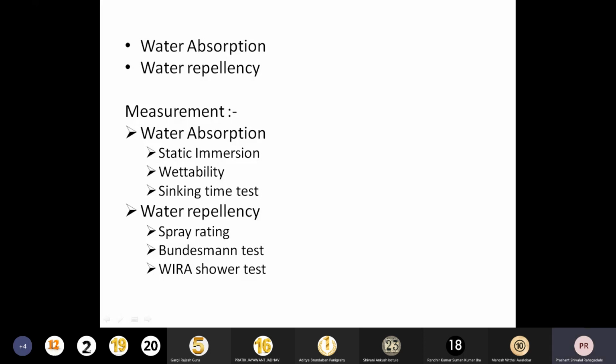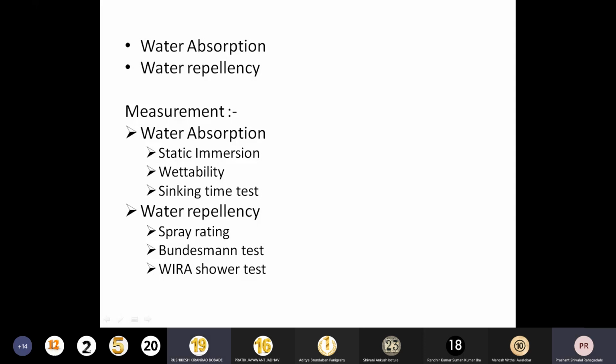कोई बता सकता है कि which textile materials are used as water absorbent? Can anyone? Yes. I am audible to you? I am audible or not? Yes, sir.